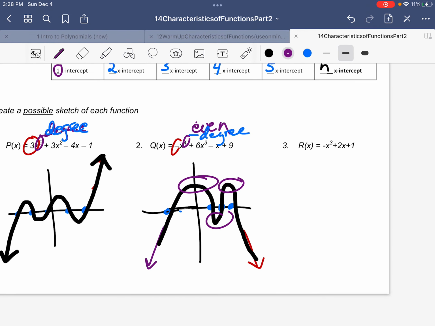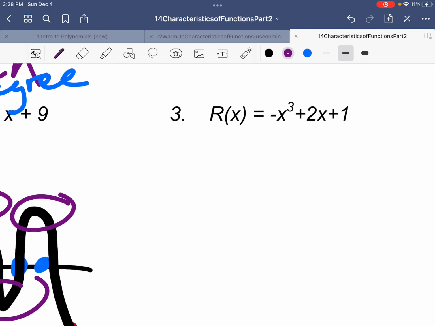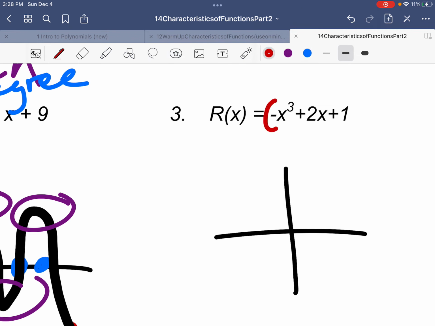So there's a little bit more that we need to learn, but for now we're just understanding that we can actually draw the graph based on just knowing a little bit of information with the leading coefficient and the degree. So what are you doing with that leading coefficient? You know that that's what the graph does to the right, right?